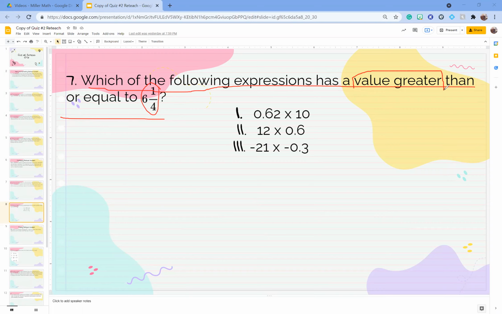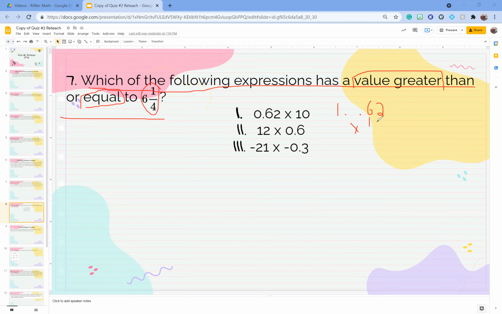Value greater than or equal to. So we're going to go ahead and multiply this first one. Remember, for this one, you might have more than one answer, or you might not have an answer. So make sure you click on the options that are on the side.